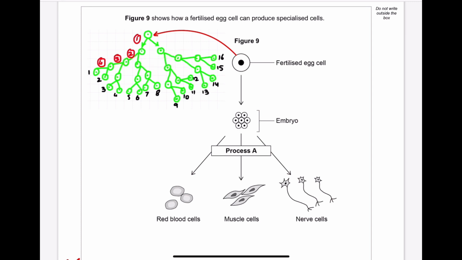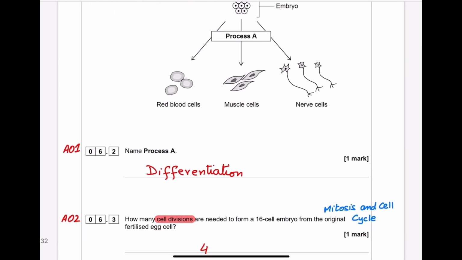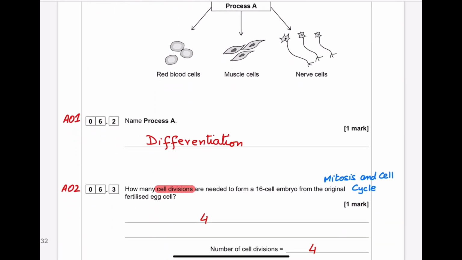From the third division, we have 8. And in the fourth division, 16 identical daughter cells are formed. So we need 4 cell divisions to get 16 embryonic cells. The correct answer is 4 cell divisions.